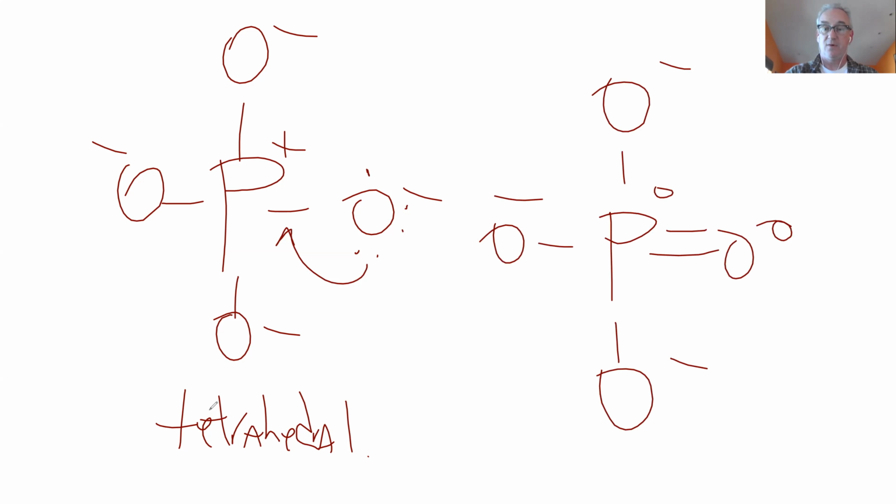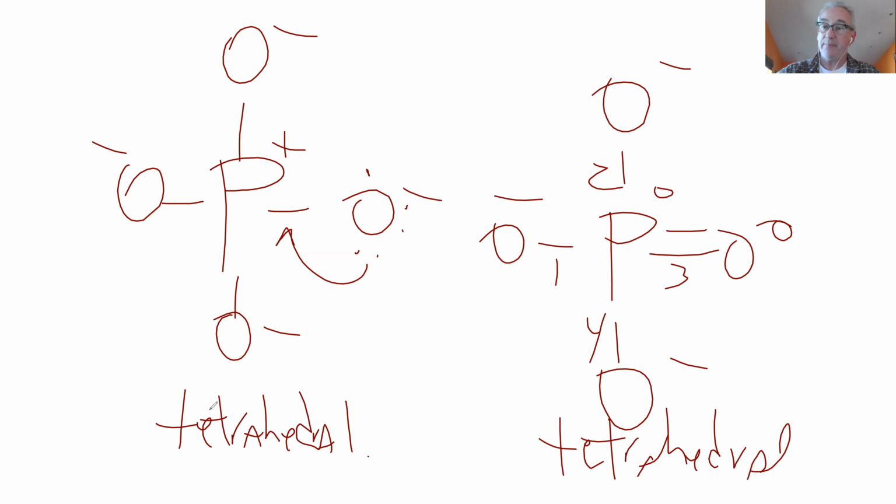You still have 1, 2, 3, 4 regions of electron density. That's still going to be tetrahedral. Now the shape may be slightly different, because here you've got a double bond, and on the left you've got a single. That will affect the shape somewhat. You may change some of the bond angles, but the overall shape is still going to be tetrahedral.